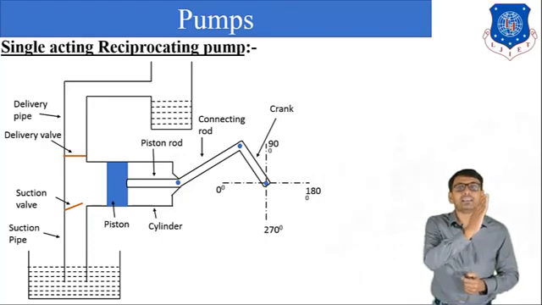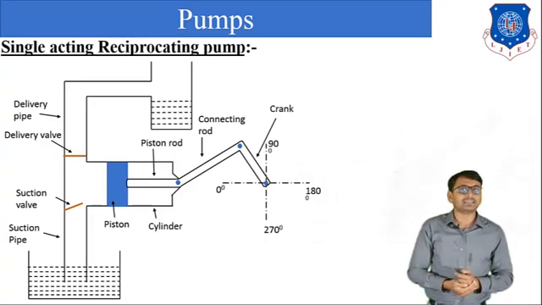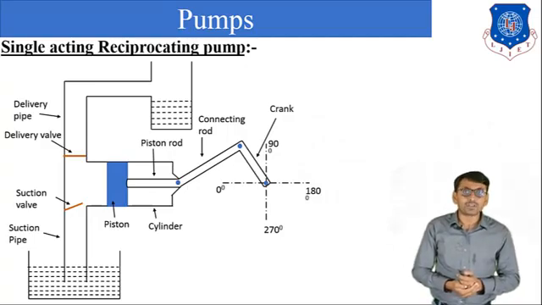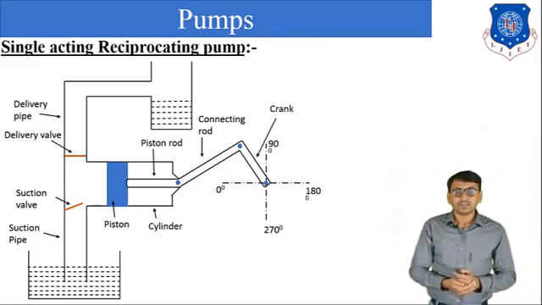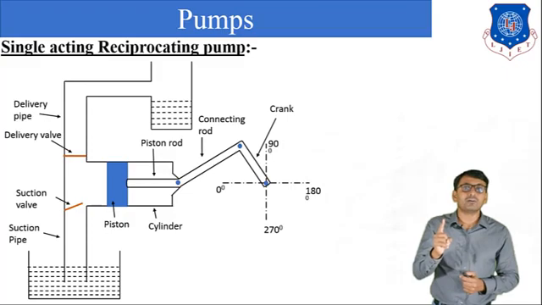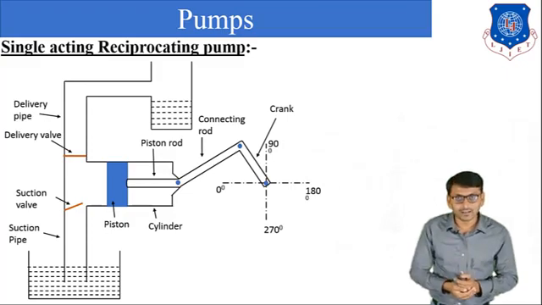So in second stroke, the piston moves to the left side in the cylinder, and water present in the cylinder produces force on the delivery valve, so the delivery valve opens and water is delivered to the delivery tank by delivery pipe. So during first stroke, water enters into the cylinder.